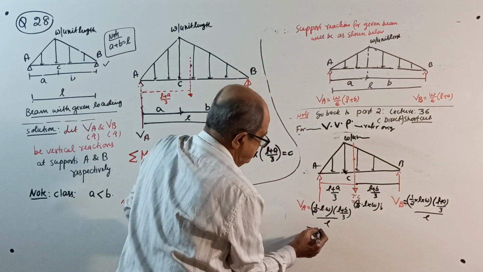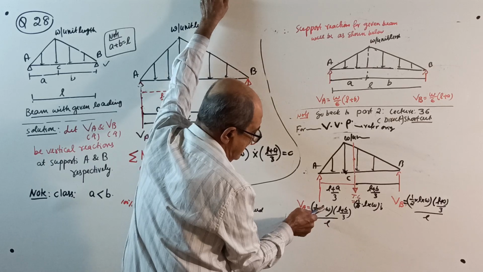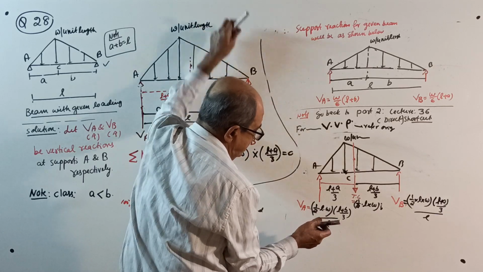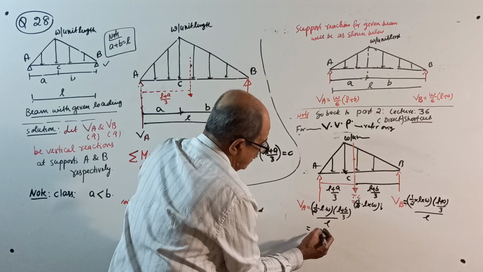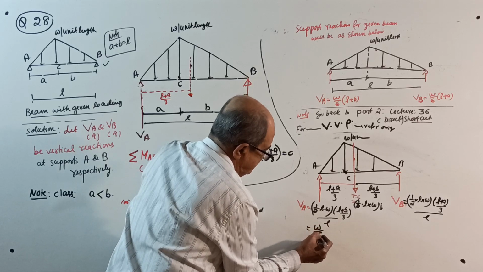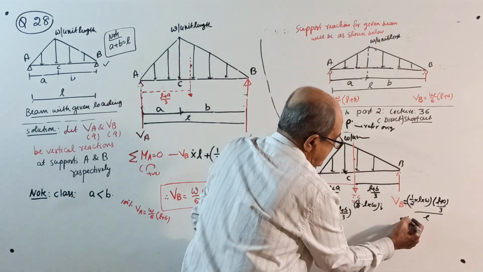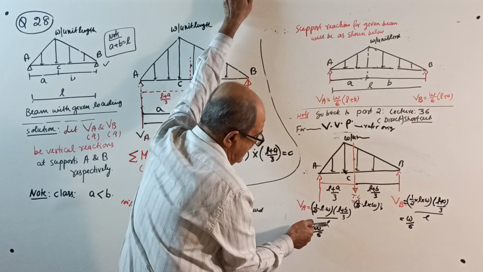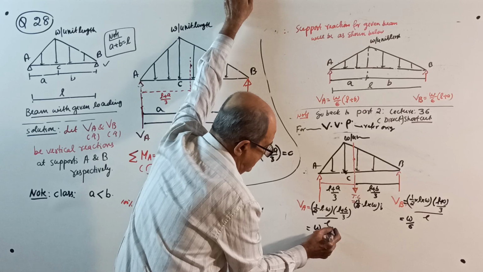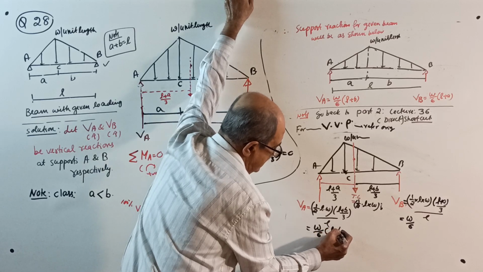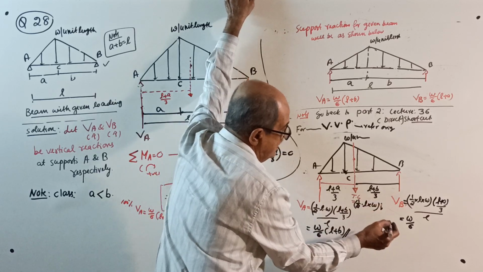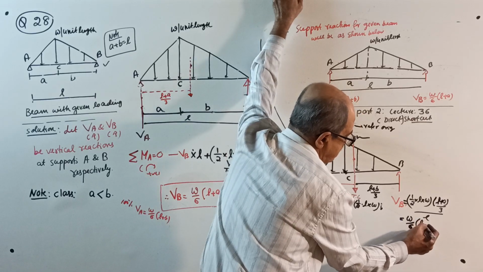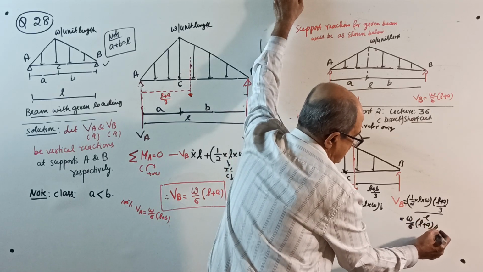L will cancel, 3 into 2 is 6. W by 6 into L plus B is the answer here, and W by 6 into L plus A is the answer here. See there?